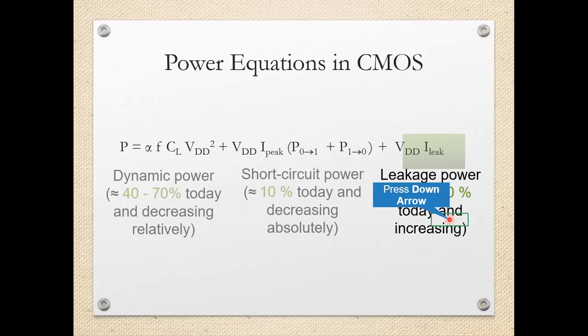The dynamic power is around 40 to 70% of the total power consumption, and it is decreasing relatively. The short circuit power is around 10% of the total power, and it is also decreasing absolutely. And the leakage power is around 20 to 50%, but the important thing to be noted here is that it is increasing.